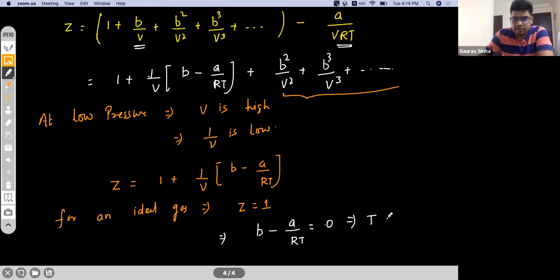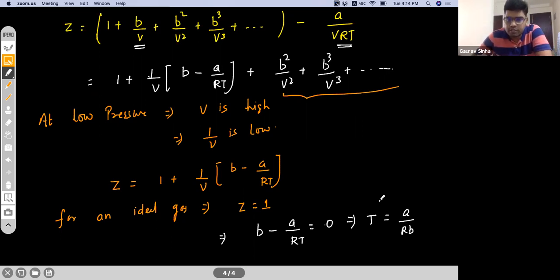T is equal to, sorry, it is a by Rb. T equals a by Rb.